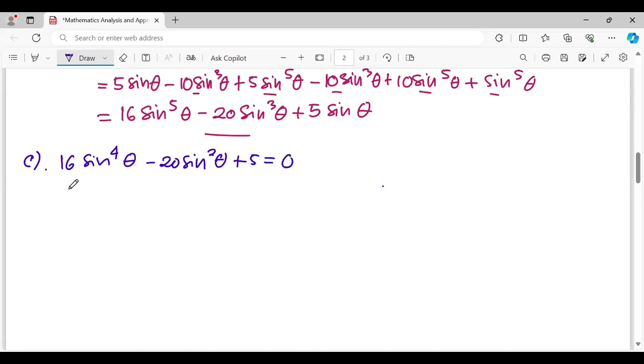So from B1, sine 5 theta equals 16 sine to the power 5 theta minus 20 sine cubed theta plus 5 sine theta.